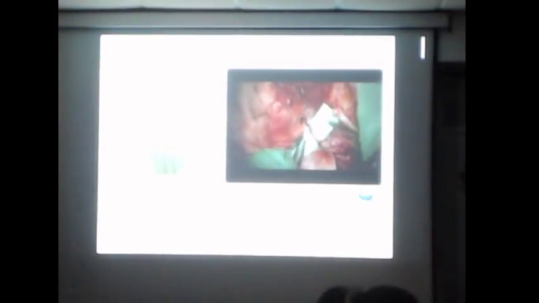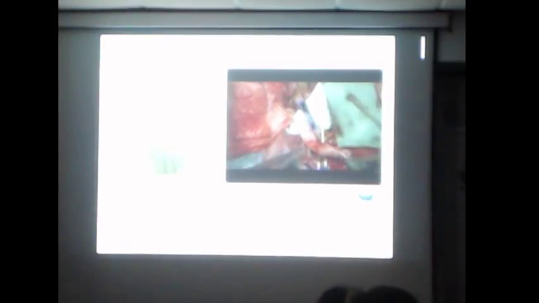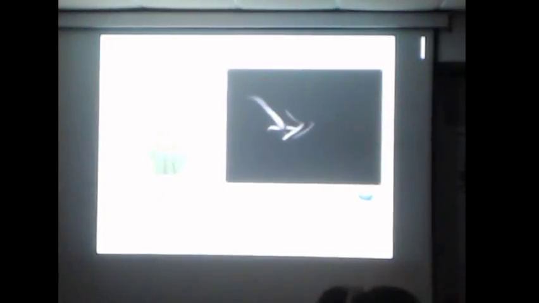First, the left A2 is anastomosed to the radial artery. The radial artery is anastomosed to the STA. The bypass patency is confirmed using ICG videography. Then attack the aneurysm.